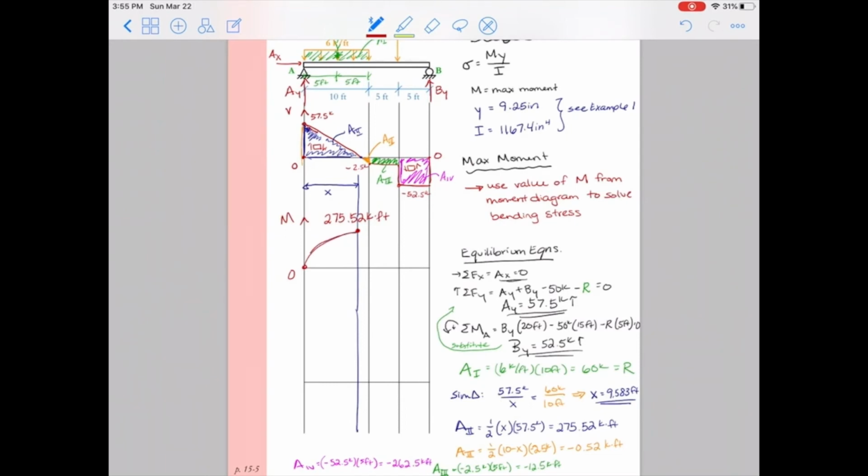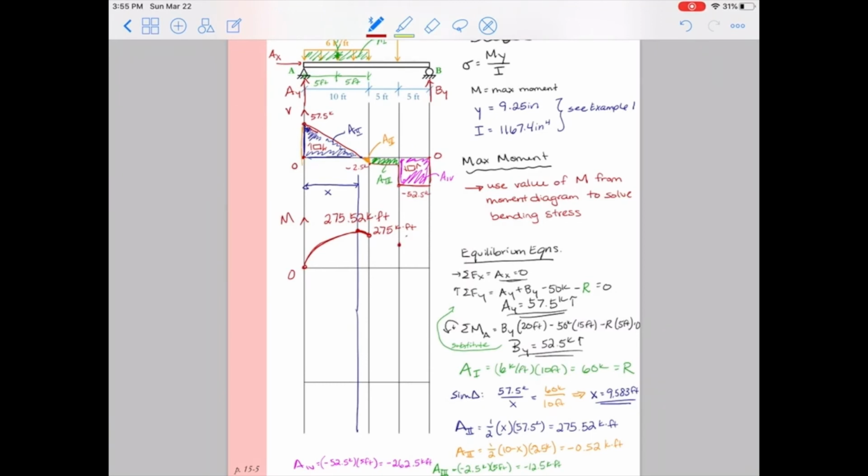Then, over the next range, that next little segment, I drop minus 0.52 kip feet, and that's still concave down, so 275.52 minus 0.52 gives us just 275 kip feet. Over the next range, I drop negative 12.5 kip feet.